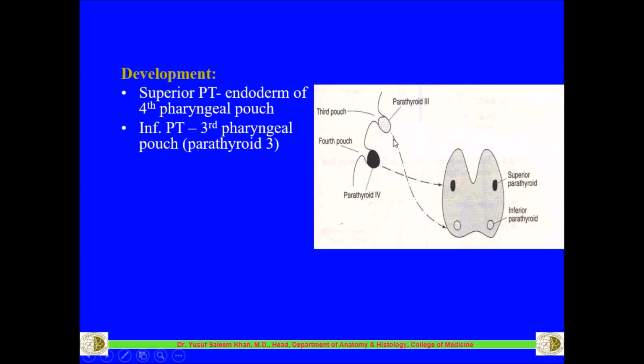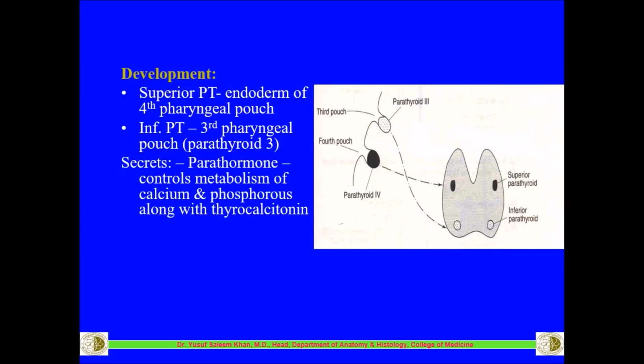The parathyroid will descend downwards and go all the way to the posterior border of the lower part of each lobe, and from there it will develop into the inferior parathyroid. So this is how it develops: the superior parathyroid from the endoderm of the fourth pharyngeal pouch, and the inferior parathyroid from the third pharyngeal pouch. This inferior parathyroid is also called parathyroid 3.